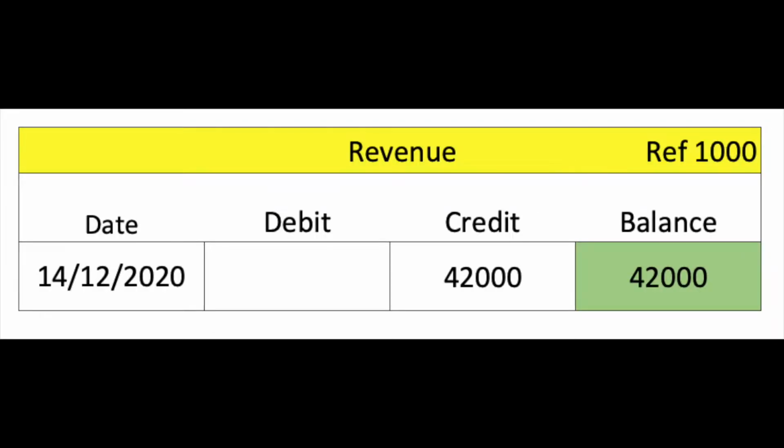In addition, $42,000 of revenue in account number 1000 is transferred to the trial balance.